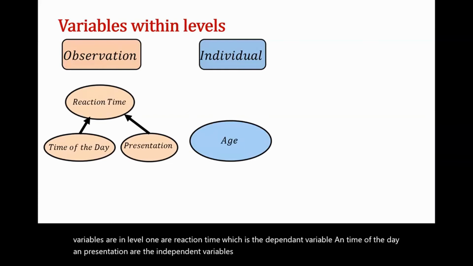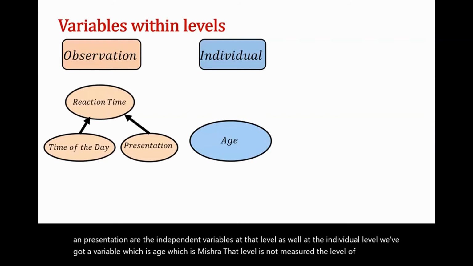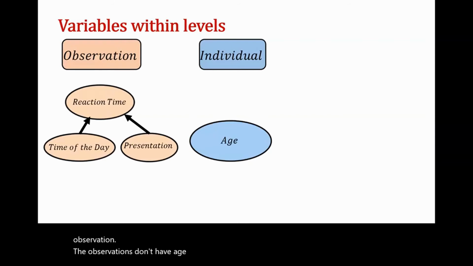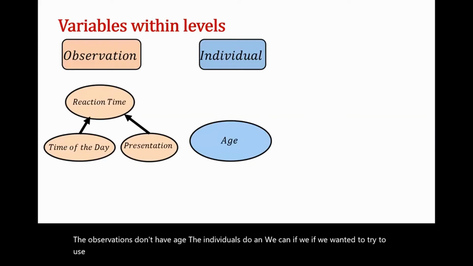At the individual level, we've got age, which is measured at that level. It's not measured at the level of observation. The observations don't have age, the individuals do. We could use age as a predictor of reaction time, but we are not interested in that in this study.